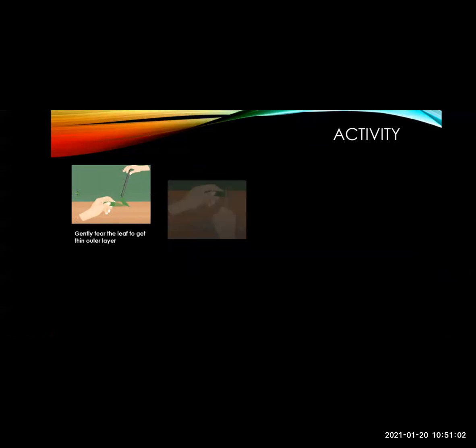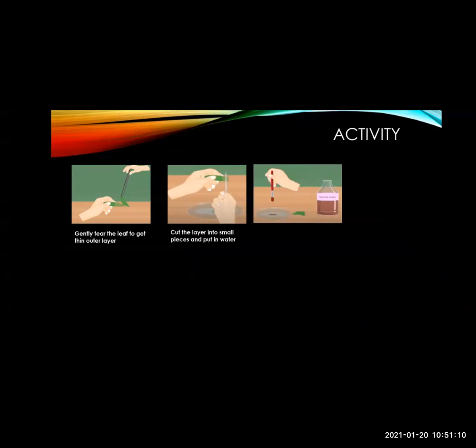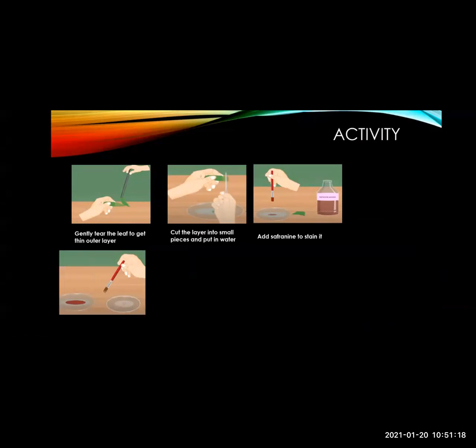I'll explain the activity again. What you have to do: take a Rohio leaf, peel it obliquely, very thin section, then cut it into small pieces, put it into the watch glass containing water. Then add 2 drops of safranin solution to it and let it stain for 1 minute.